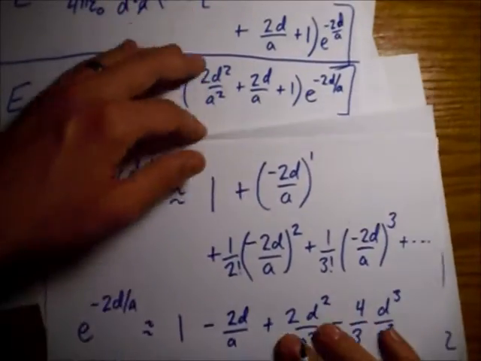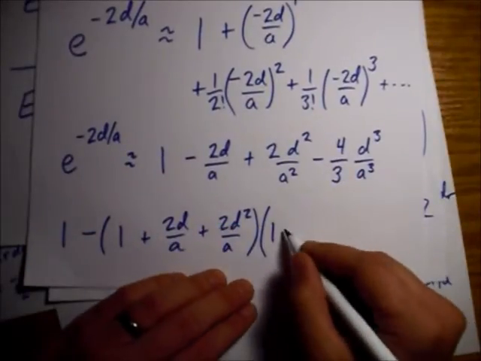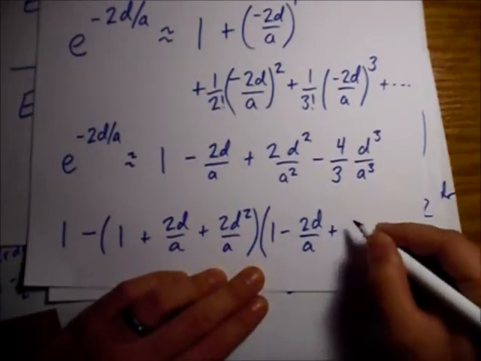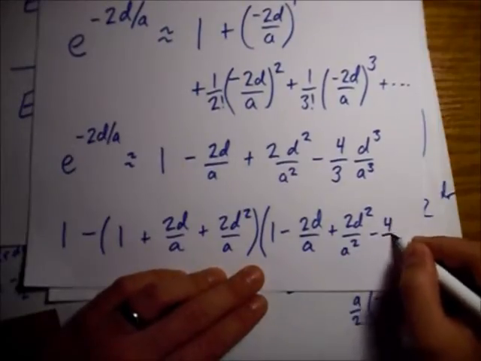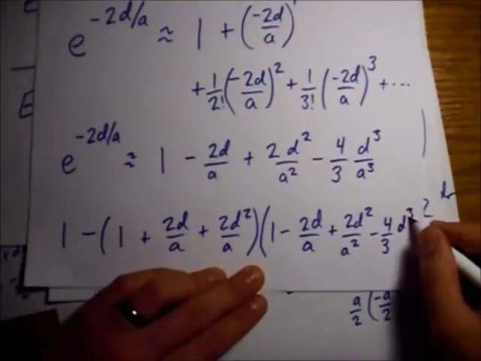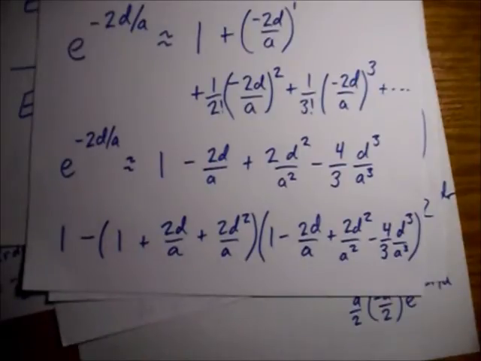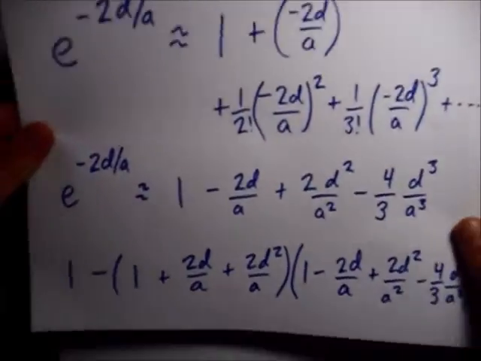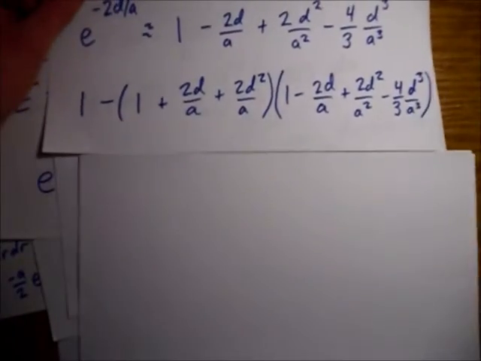Again, we're only looking at the term inside the square brackets. So now I write the approximation for our exponential, 1 minus 2d over a plus 2d squared over a squared minus 4 thirds d cubed over a cubed. I think this is all we needed. I don't think we need to write any more terms of this. I guess we'll find out.